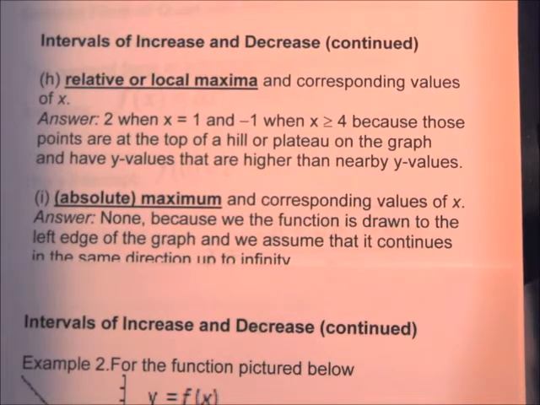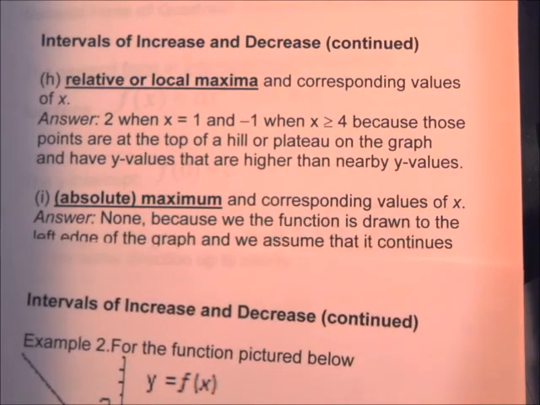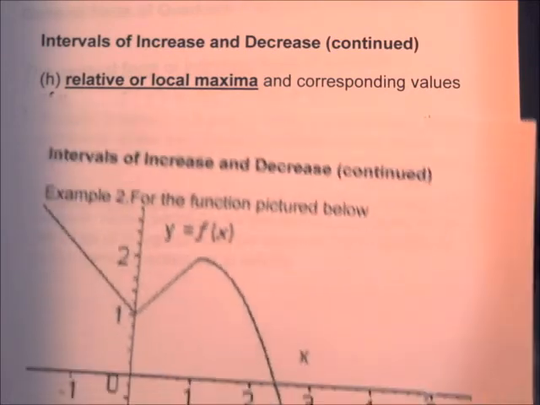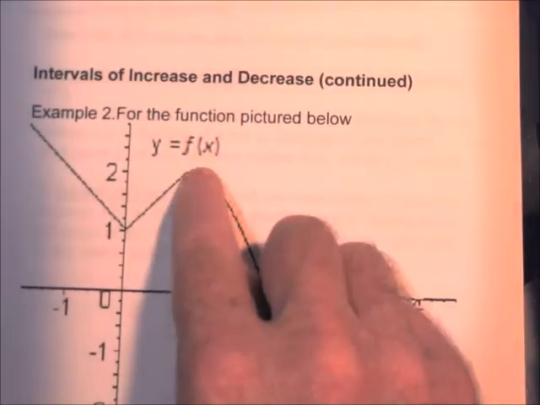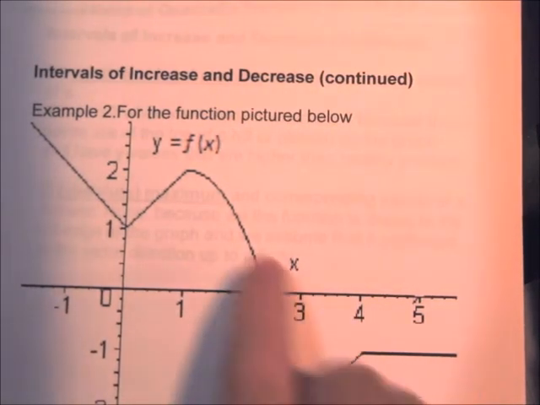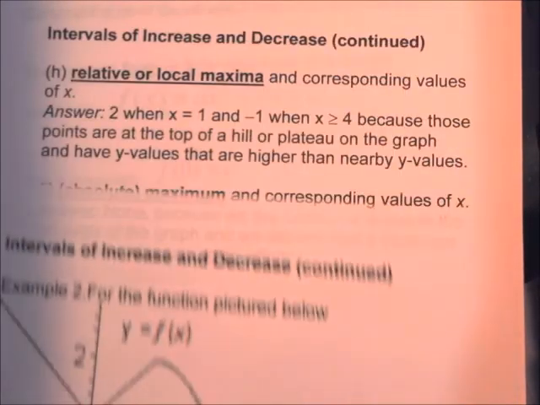So local maximum of 2 when x is equal to 1. And we also have another local maximum of negative 1 here when x is at least 4. So here we have a hilltop, and here we have a plateau that are higher than nearby points.